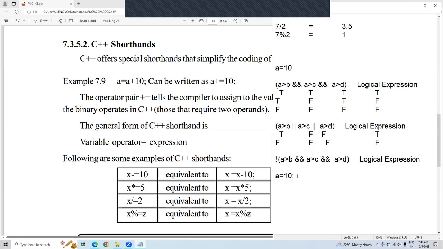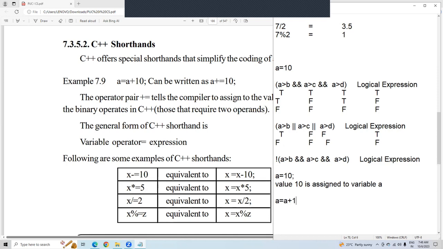We say value 10 is assigned to variable A. So we have shorthand assignment operators. On the left side, you can see those things: minus assignment, multiplication assignment, division assignment, modulus assignment, plus assignment, like this it is there.